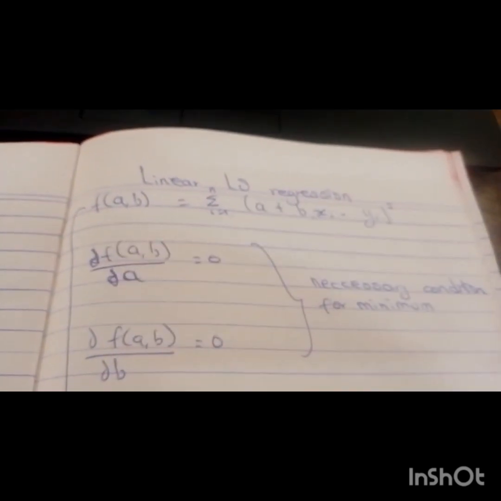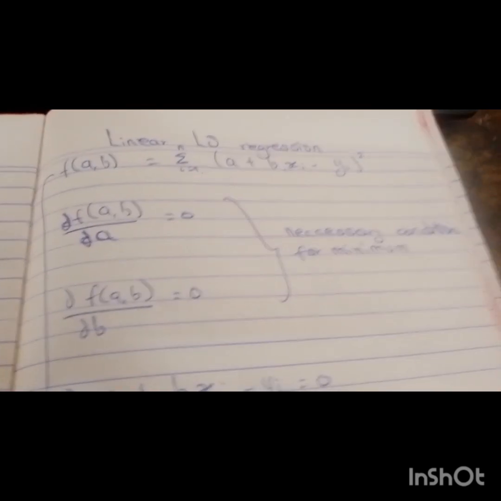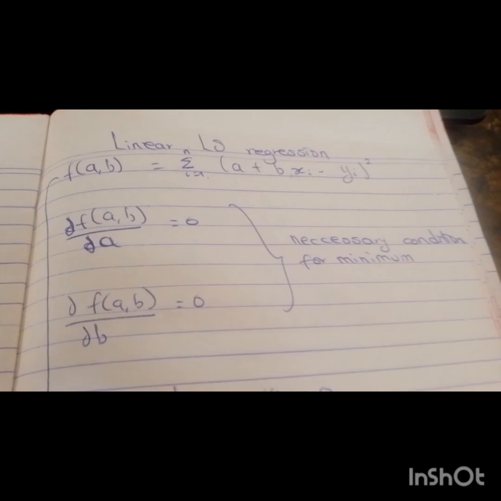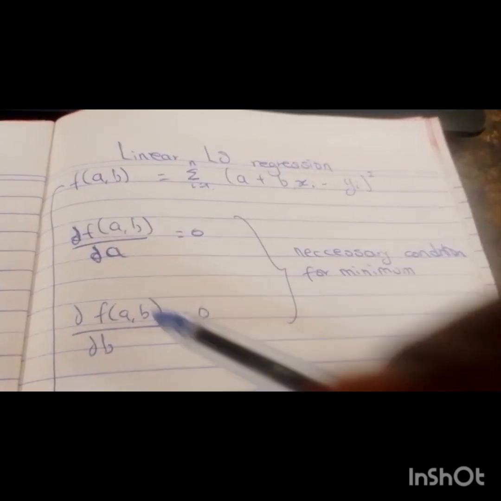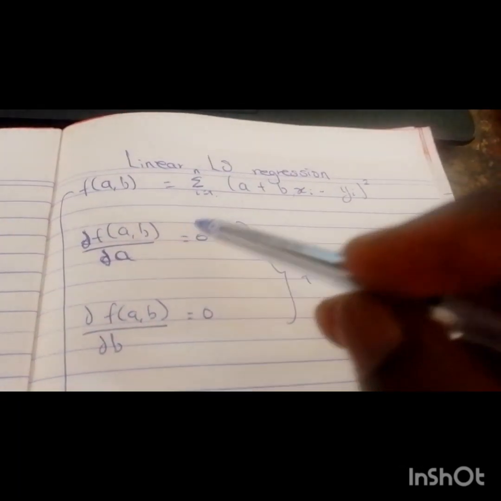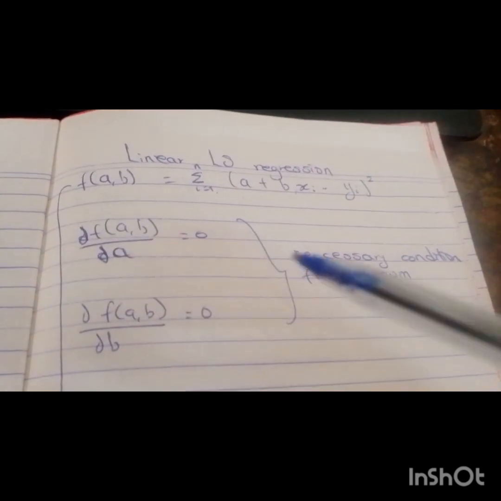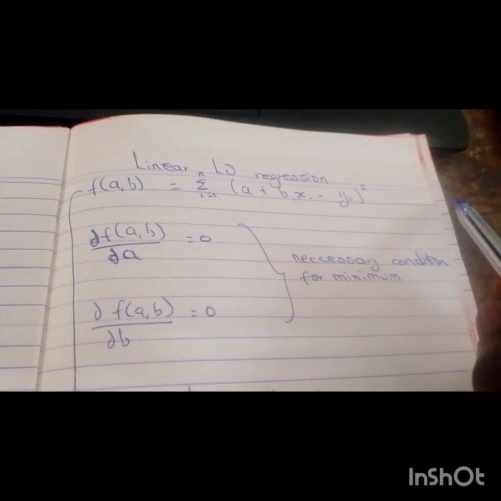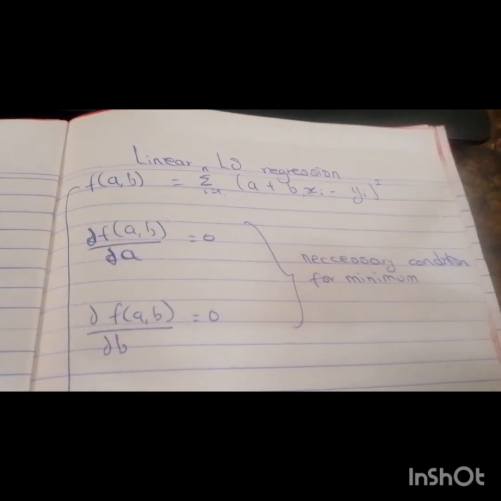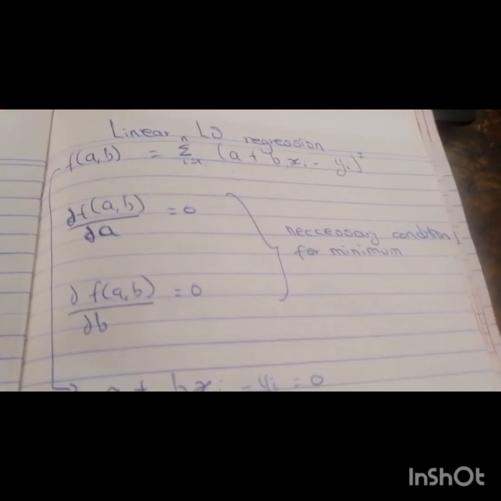So this is a necessary condition for curve fitting. The partial differential of the function with respect to any one of the parameters should be 0. It's a necessary condition for the thing to work. Now you can think of why it is necessary.